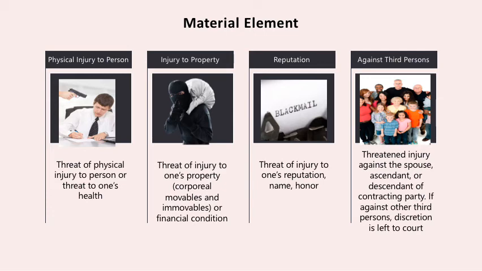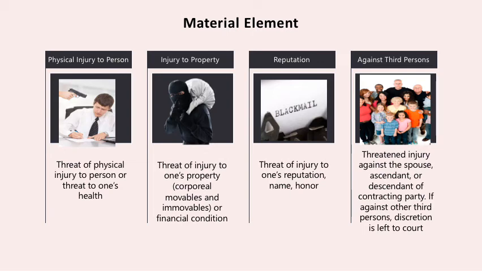If you threaten bodily harm to someone, or an injury to property. A threat of injury to one's property includes corporeal movables and immovables, which includes pets and things like that, or a threat of injury to their financial condition. It can also be a threat of injury to one's reputation, name, or honor. This is typically done through blackmail.